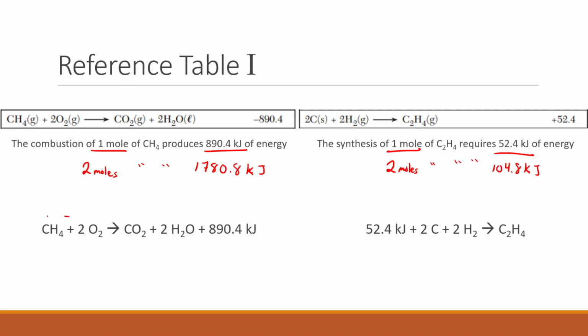Just like if we were to take this reaction and say, well, what if I made 4 moles of water? Then I would take all of my coefficients and double them. And I would take this value and I would double it as well.